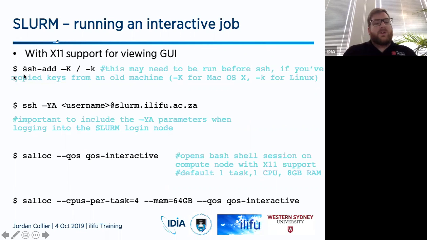But if you've copied it like I did, then you have to run this, capital K for macOS X, lowercase k for Linux. And then you SSH with options Y and A. So this is important for X forwarding and agent forwarding. And then you would call SLURM again, but you'd pass in these arguments, which are telling you to allow for exporting from the worker node itself. And again, those have the defaults we mentioned, or you can pass in your own parameters.